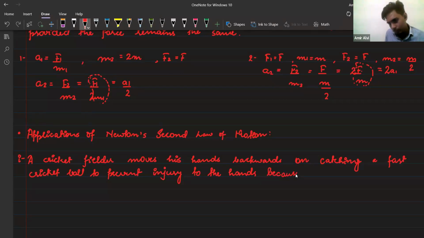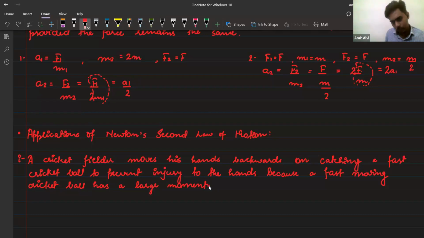Because a fast moving cricket ball has large momentum.